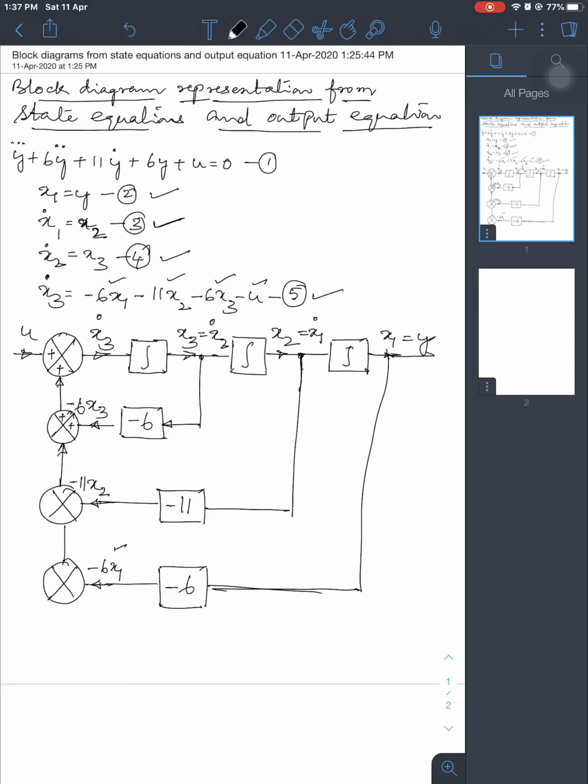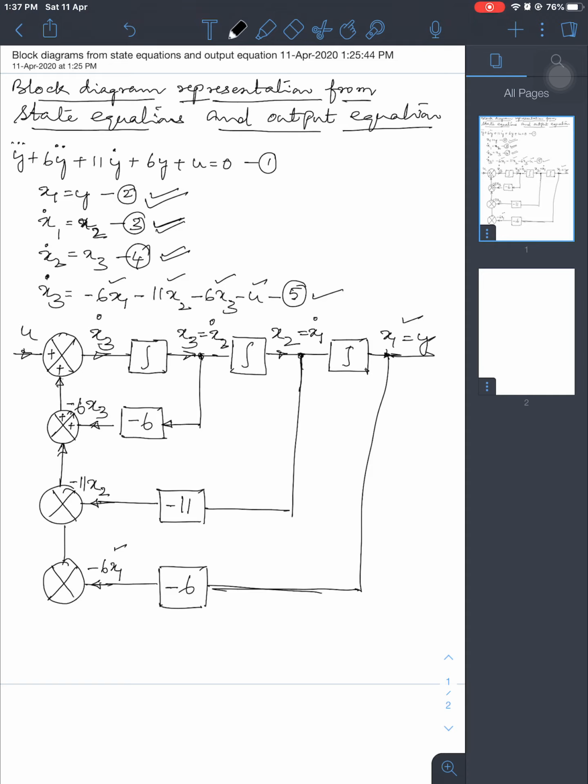If you see here, x1 equal to y is this equation, and here x2 equal to x1 dot, equation 3. At this location the x3 signal is x2 dot, this equation.